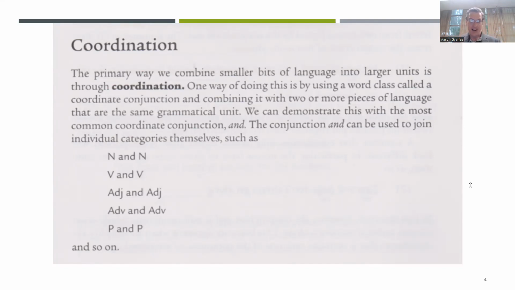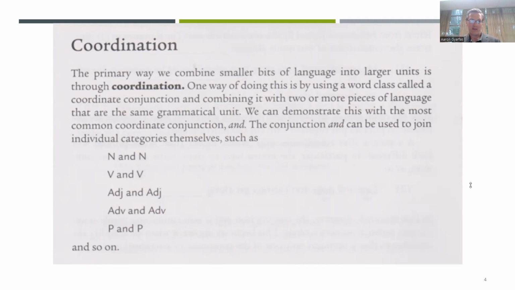So we can combine 2 or more pieces of language, chunks of language that are the same grammatical unit. That's the key. A coordinating conjunction combines 2 equal units. Whatever is on this side, we need the same grammatical unit on the other side.